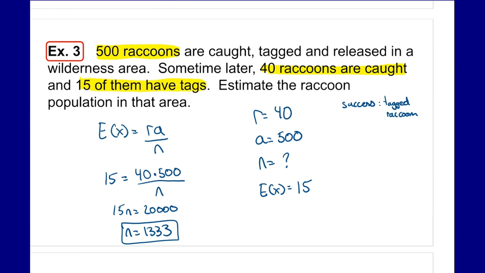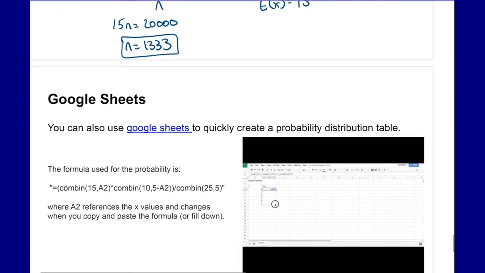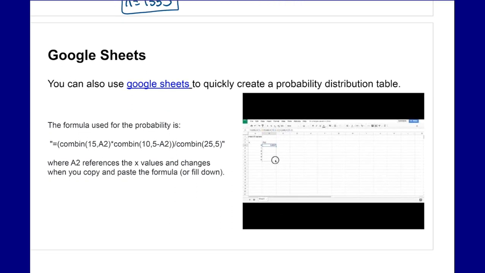Again, the main thing from this lesson is being able to identify a hypergeometric distribution, use the provided formula, or see the connection between combinations and hypergeometric distributions, and then calculate the expected value if needed.